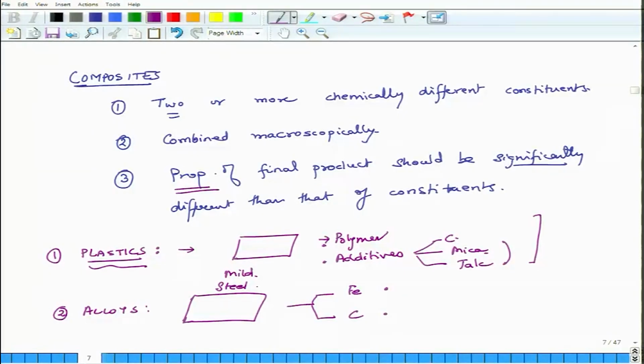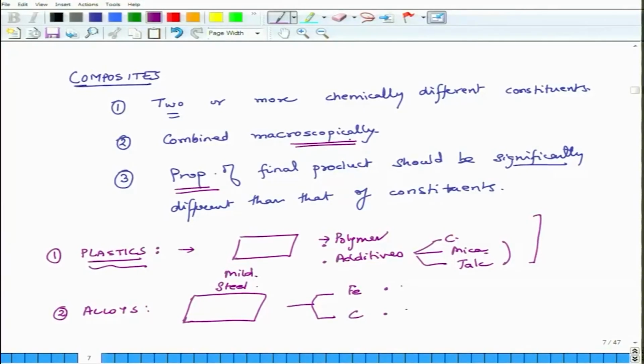So, you have two different chemical constituents, iron and carbon, you are mixing them and you are getting the new product called mild steel, and some of the properties are significantly different than that of iron and that of carbon, but still we do not call these types of alloys composites, because they are not combined at a macroscopic level, because when you make a cross section and view these things in the microscope, you will not see two different materials.